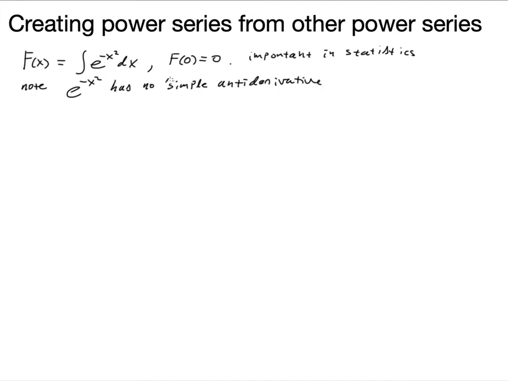And what I mean by simple is that we can't just write it down as a closed form expression. No closed form expression of what I will call elementary functions.